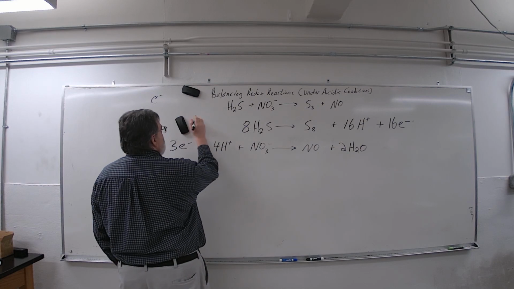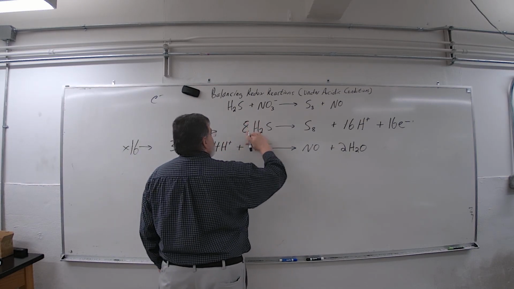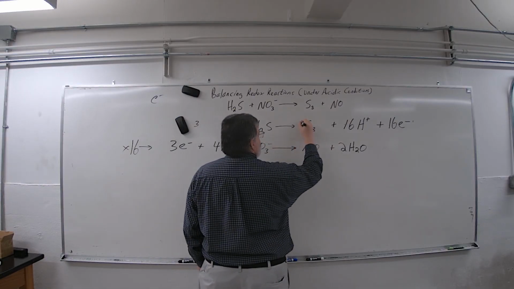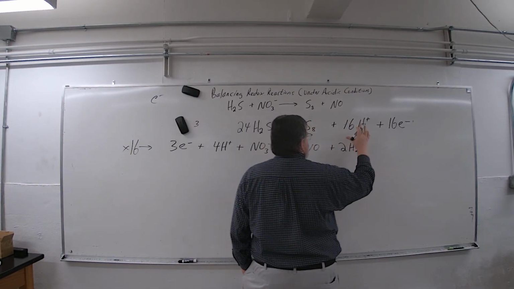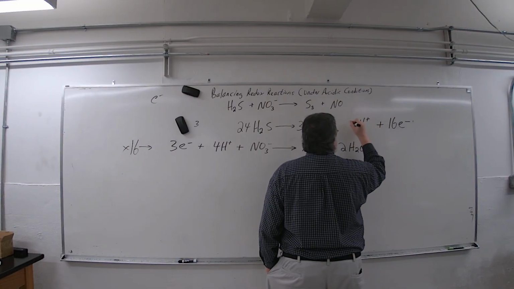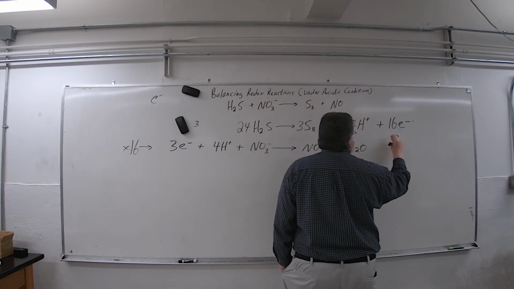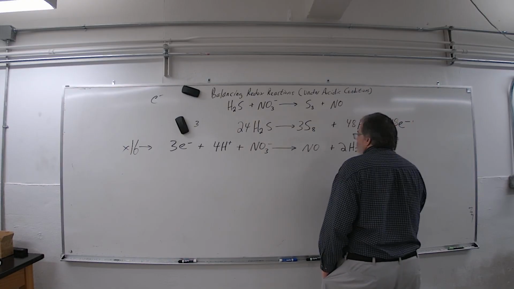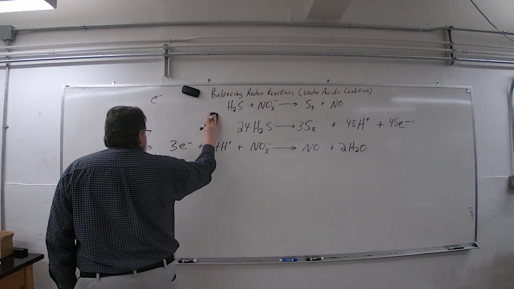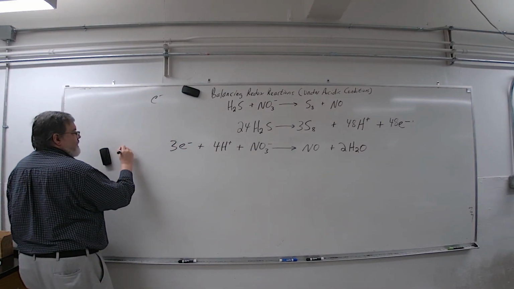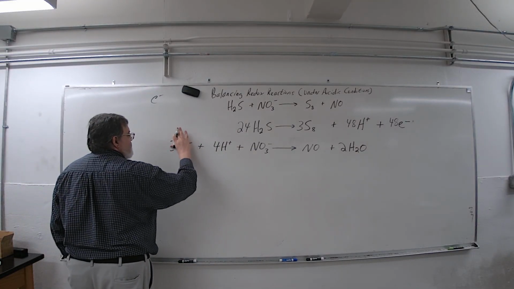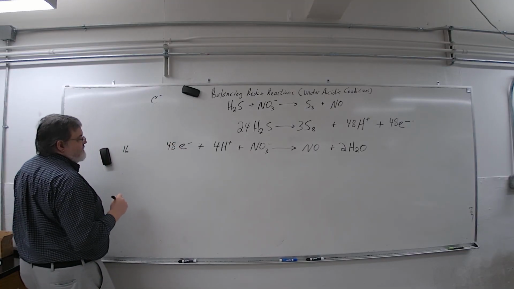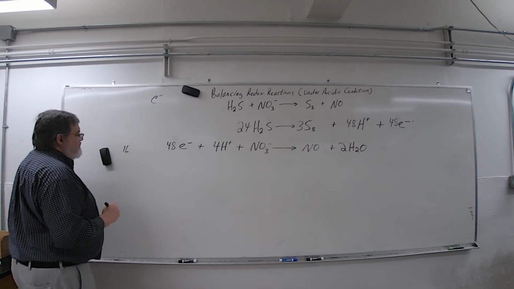Multiplying by 3. 3 times 8 is 24. 3 times 1 is 3. 3 times 16 is 48. And then times 16. 4 times 16? 32, 64.